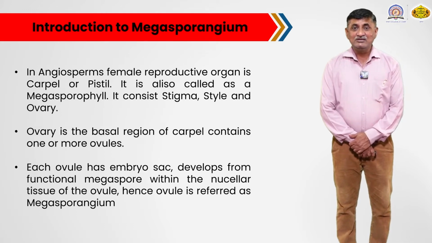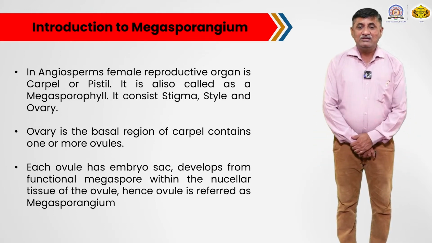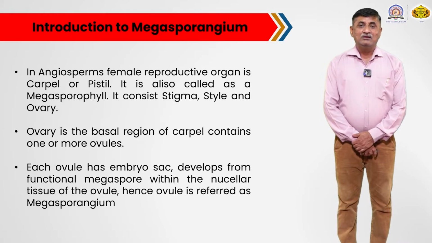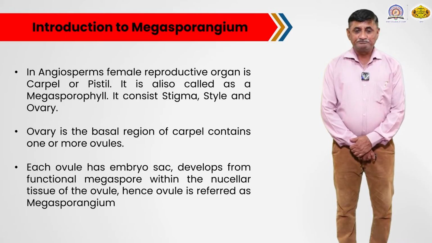These are the three typical parts found in a female reproductive organ, that is a carpel or pistil.